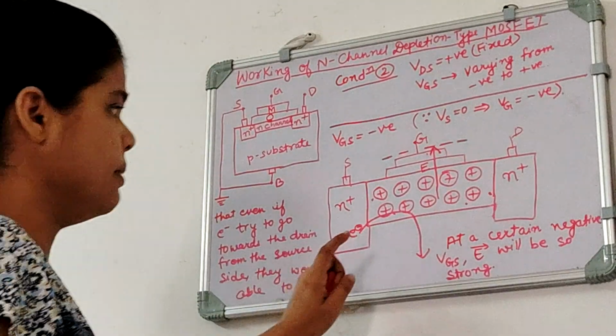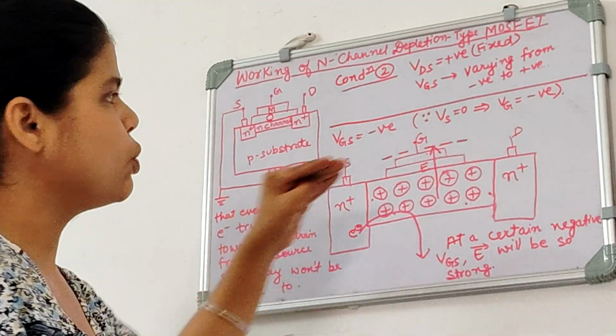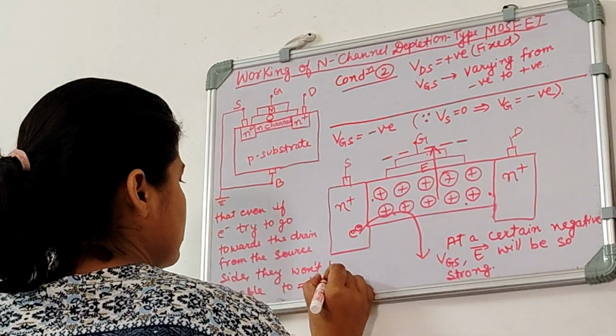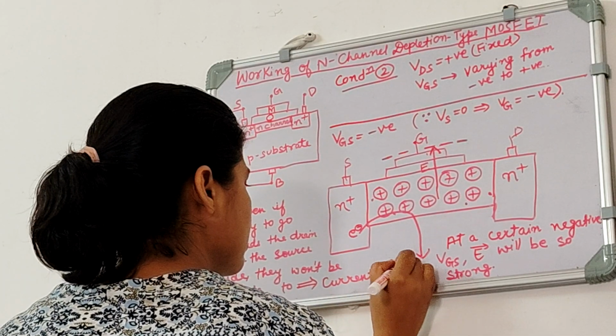And due to this, our current will be zero, because if no electrons pass from source to drain, current will obviously be zero. So current becomes zero.